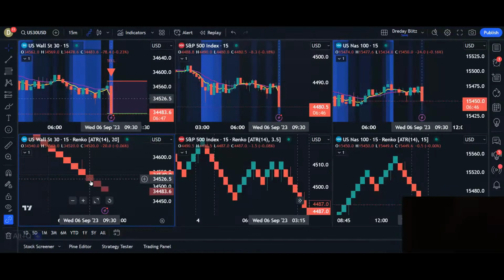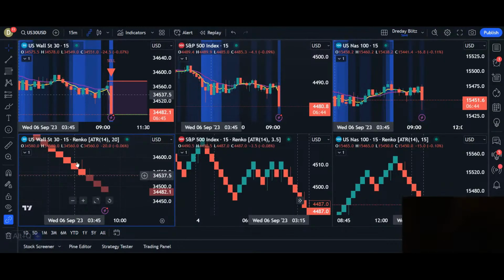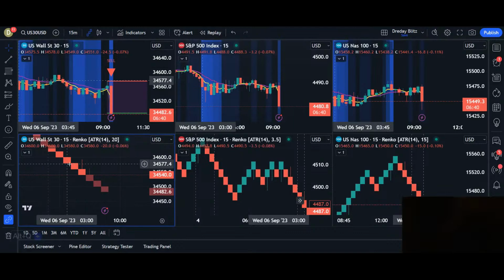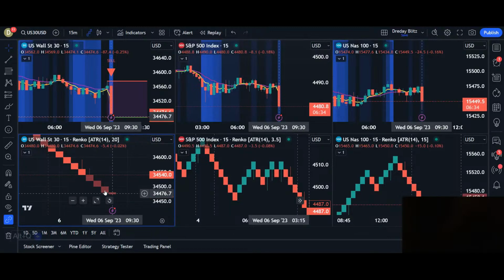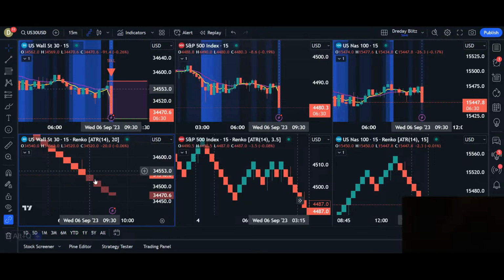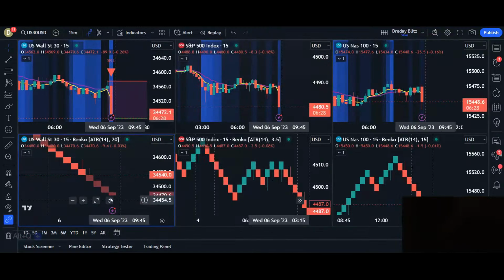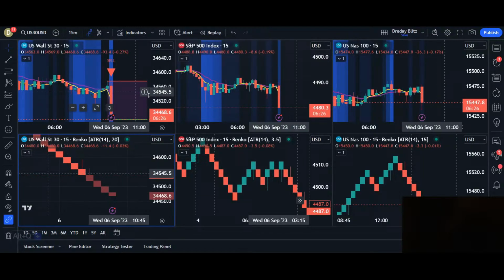It's not fully confirmed here, but I would have put my stop loss at the top of this one, because this one is plotted, and there's a third one that is grayed out that was created, and a fourth one being done.